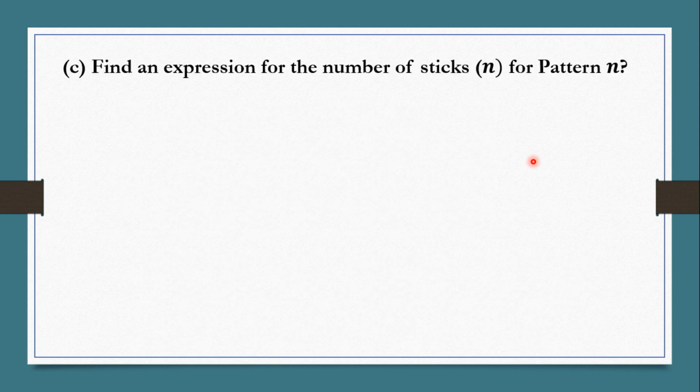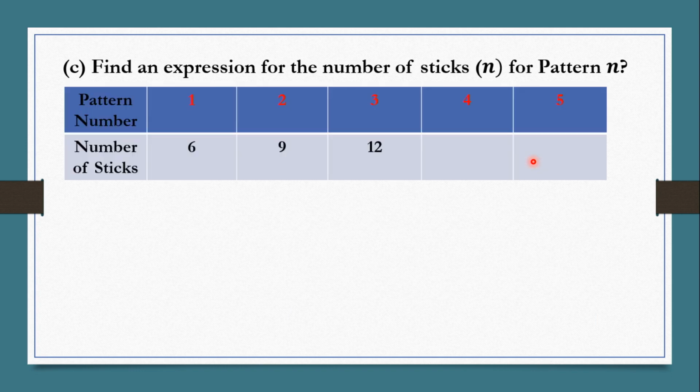Now part C. Find an expression for the number of sticks for pattern n. We are going to use the table found in part B. So as you have observed, we added 3 to get the next term. Now I'm going to consider the numbers 6, 9, 12, 15, 18.